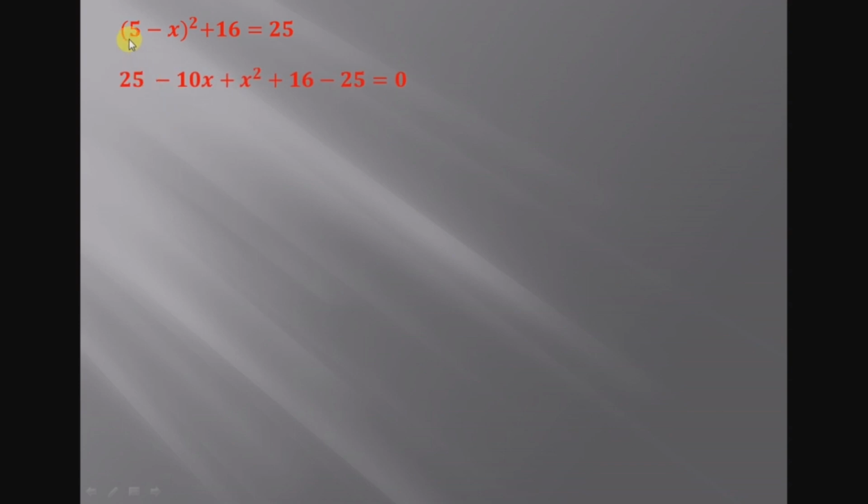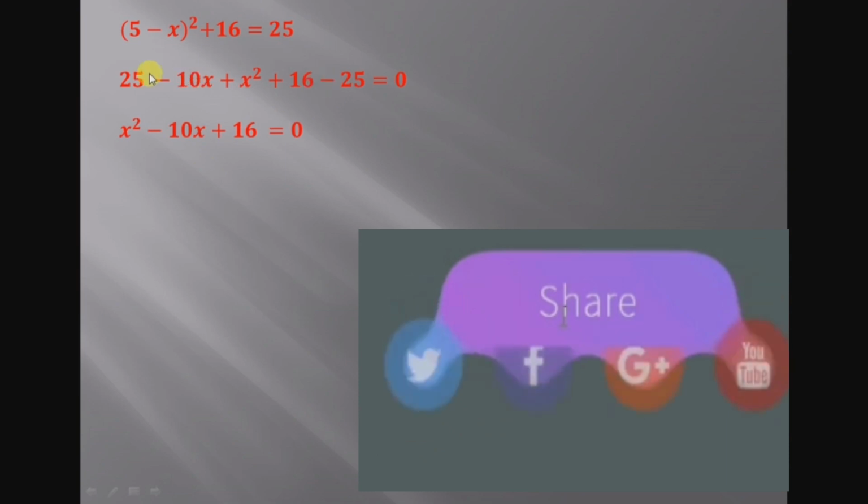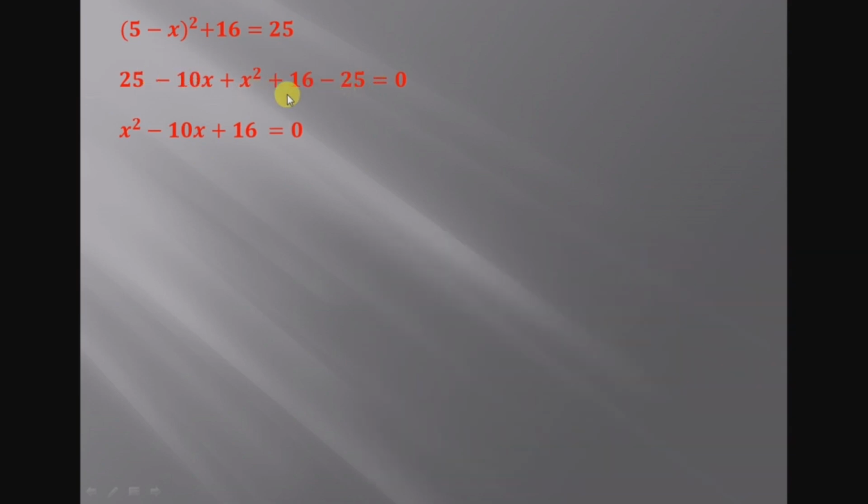Now this is in the form (a minus b) whole square. So a square, that is 5 square is 25, minus twice ab, 2 fives are 10x, plus b square is x square, plus 16. This 25 will come to this side, minus 25 is equal to 0. Now x square minus 10x, this 25 and this 25 will get cancelled, so plus 16 is equal to 0.